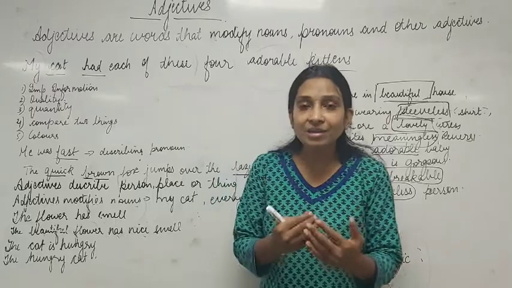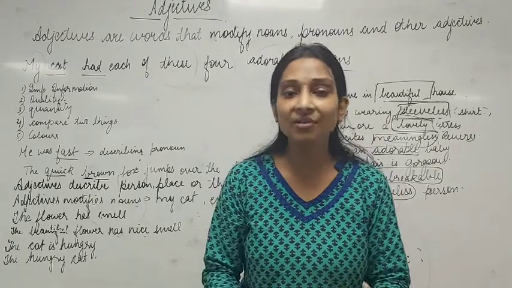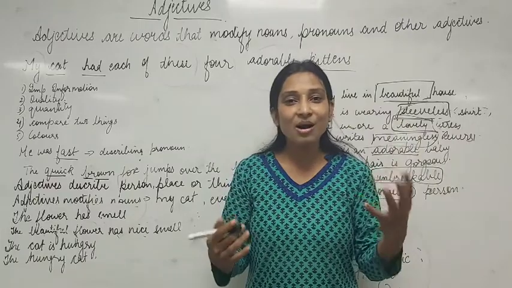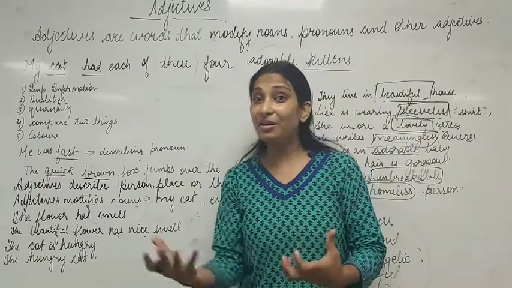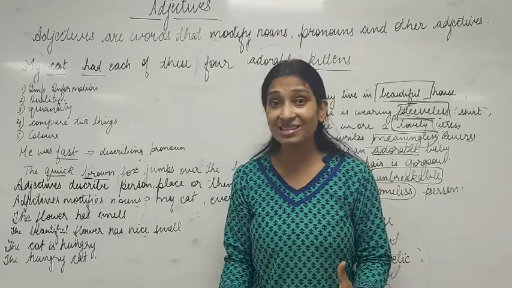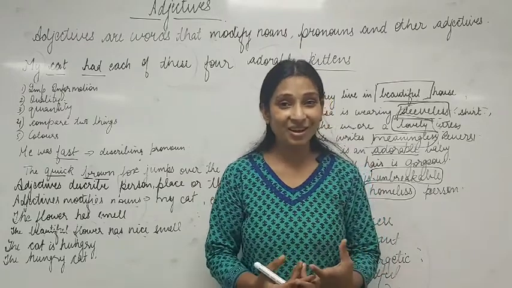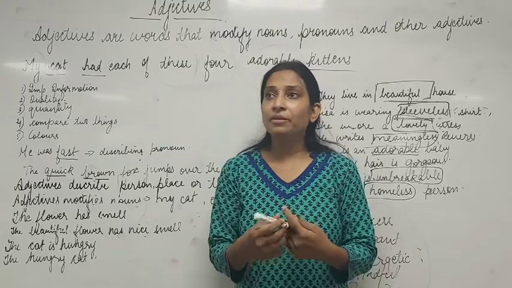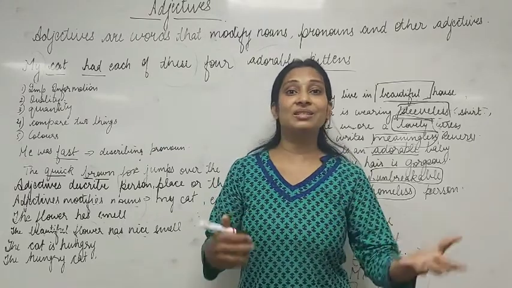Children, we actually use adjectives in our daily life. Don't we say beautiful dress? Okay, so what is beautiful? We are describing a dress. We are telling the quality of a dress, and that is an adjective, right? So we actually say he is running fast.